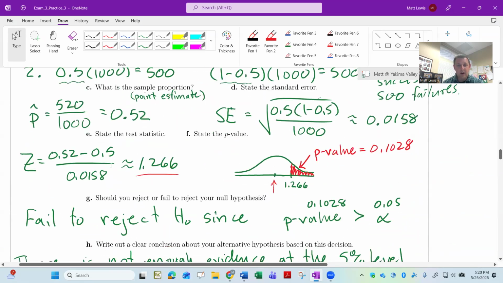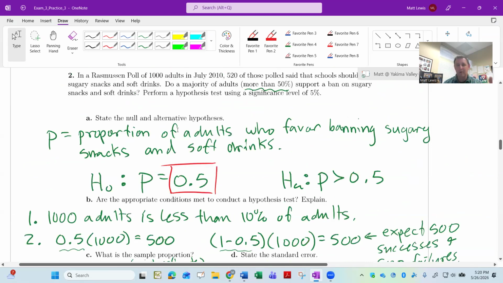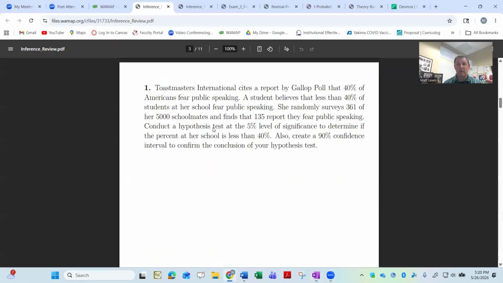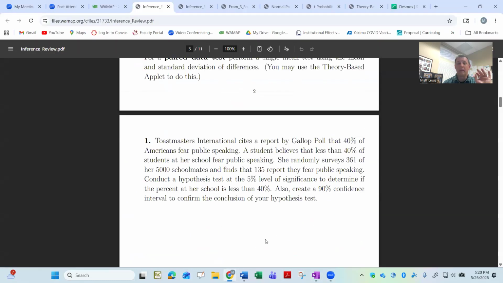Give me the standard error, give me the test statistic. So it will be more like number 2 here than it is like this problem where it's just blank underneath. But I think doing it without every little step being asked of you, step by step, is going to be really good for you in understanding the process better.